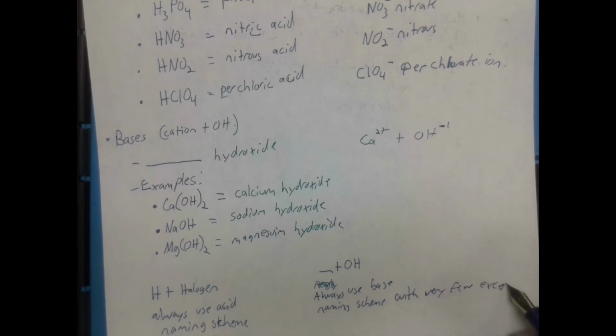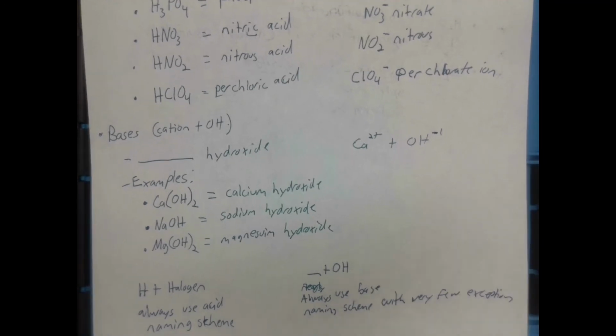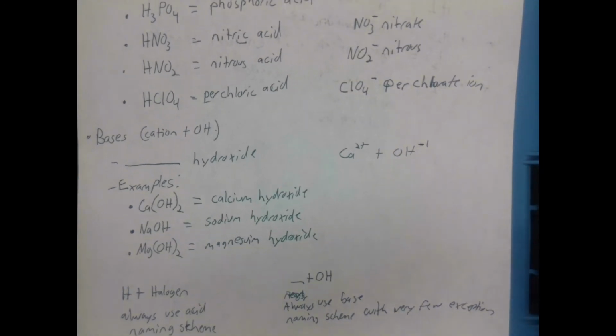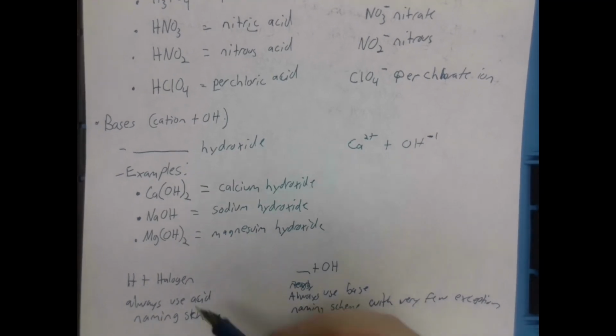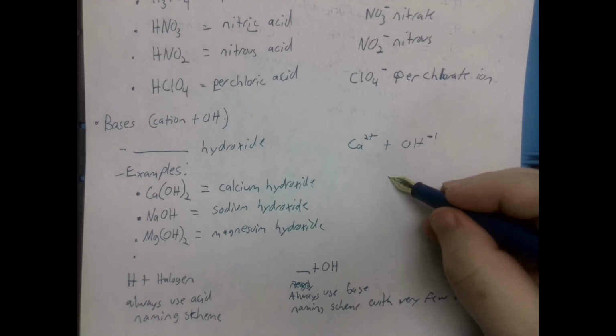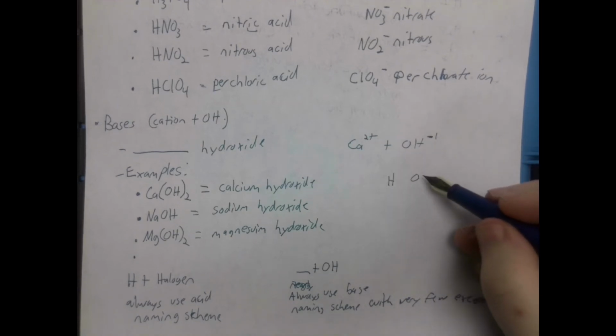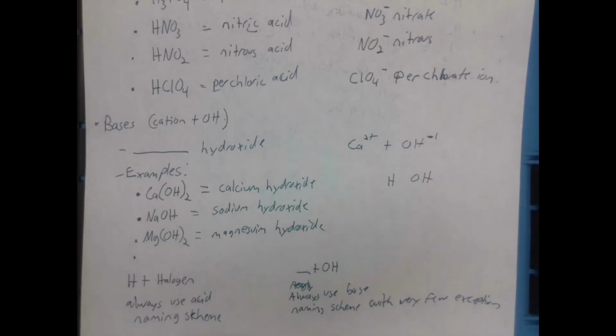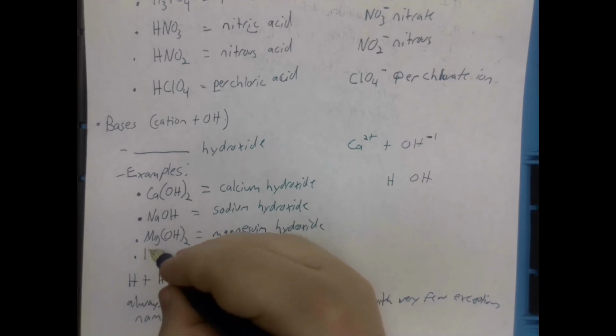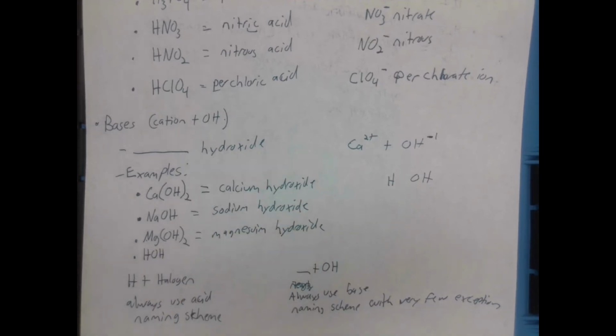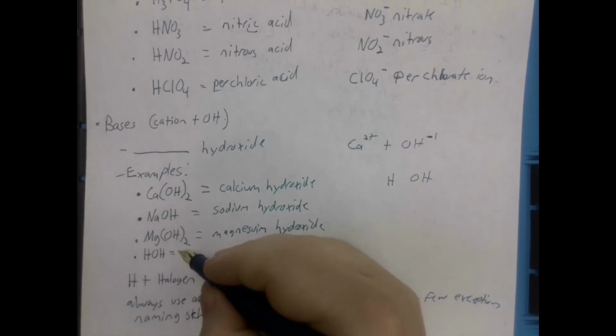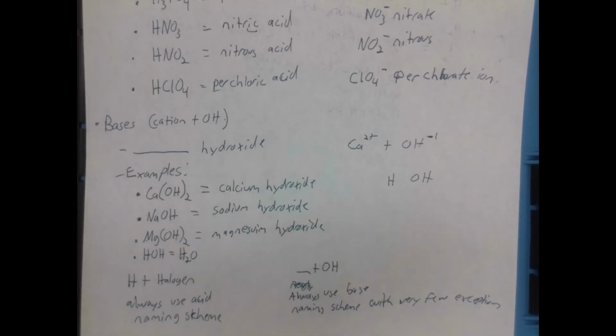The only exception I can think of is, let's add one more weird example. What would happen if we add hydrogen with OH? This would be HOH, which is more commonly written as H2O.